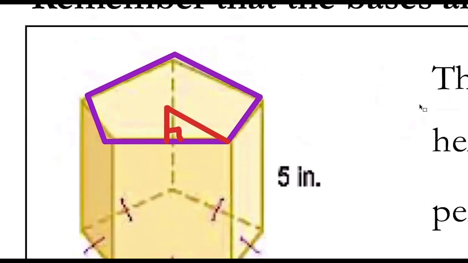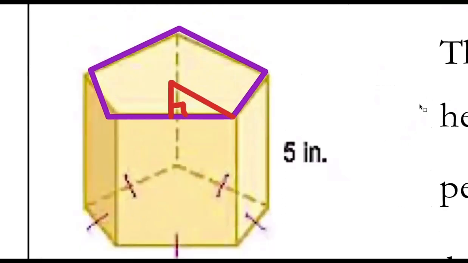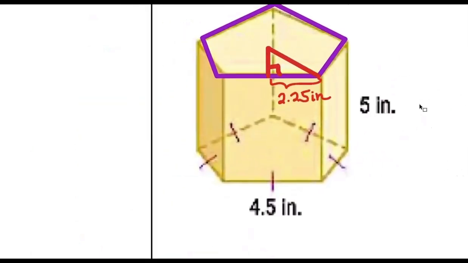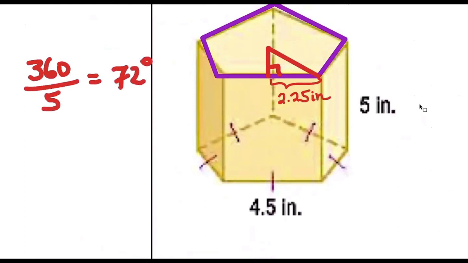On that little triangle, because that's a 4.5 side there, that would make this 2.25. Okay, let's figure out the central angle measure. If we do 360 divided by 5, that's 72. Cut that in half, that's 36 degrees.